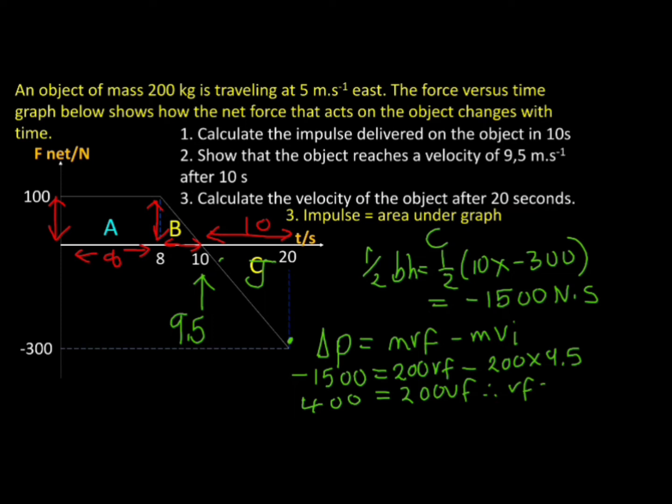So in this case, you could have used that reference point again, where you start by looking at the velocity of the object at 10 seconds. And the velocity was 9,5 meters per second. And then you can work out the final velocity after 20 seconds. So, impulse equals area under graph when given a force versus time.